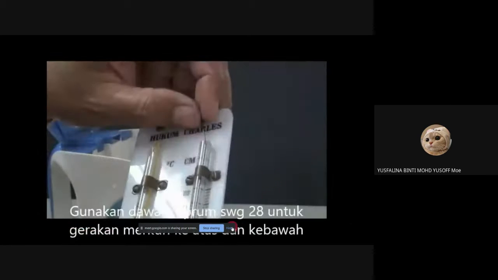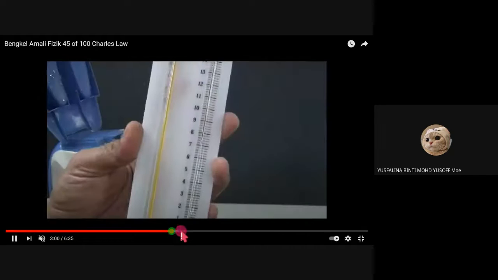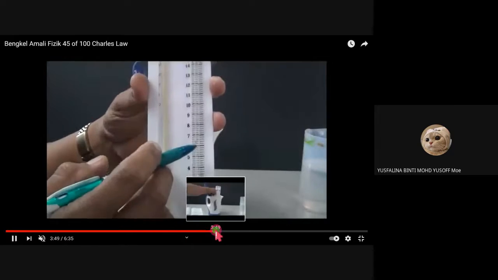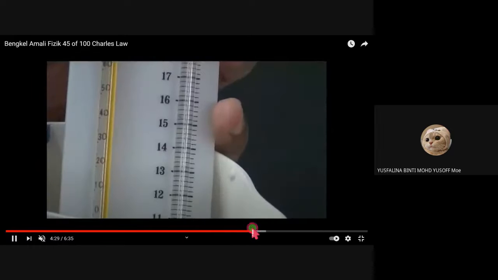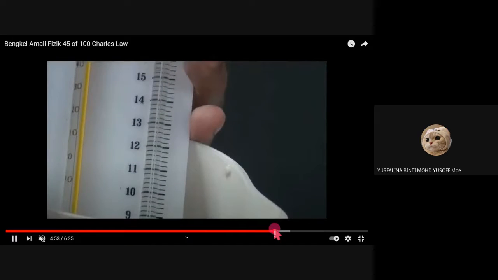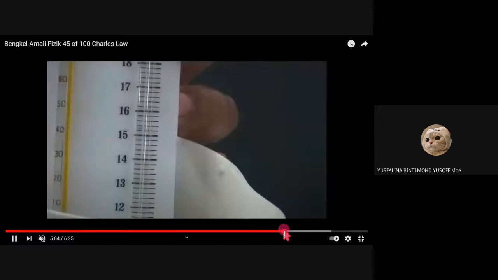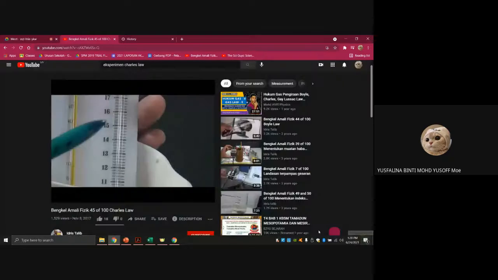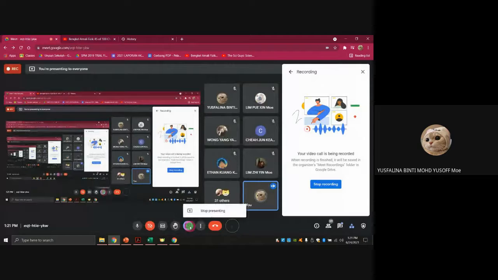So this one is what we want to do, okay, so they put inside the kettle, right? Wait, I thought just now I saw it hit the kettle. Sorry, wait for a while. I found another one.